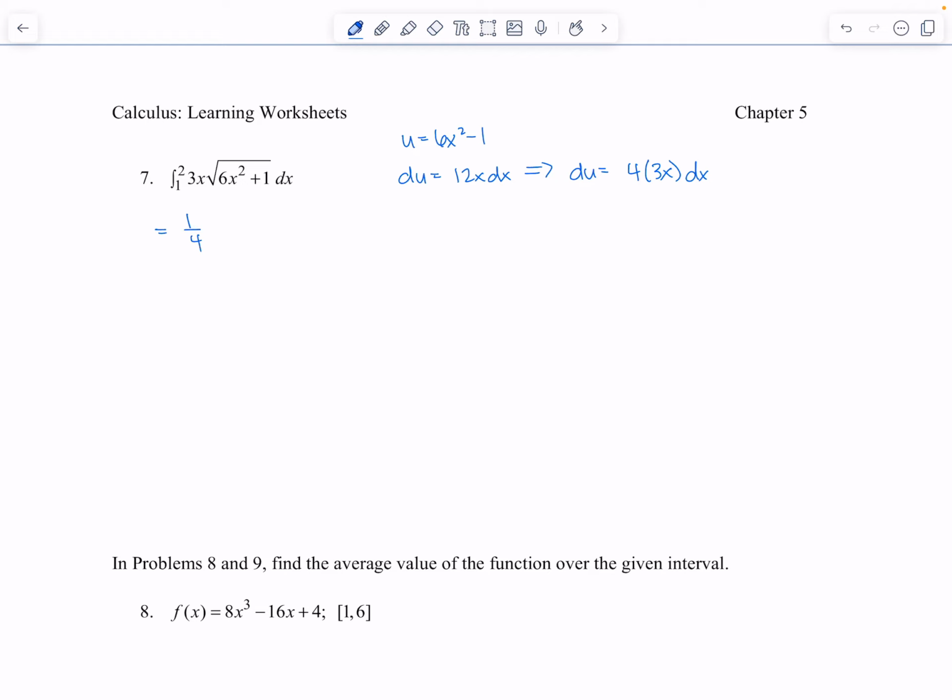So let's rewrite in terms of u. We have 1/4 the integral from x equals 1 to x equals 2 of u to the 1/2 du.